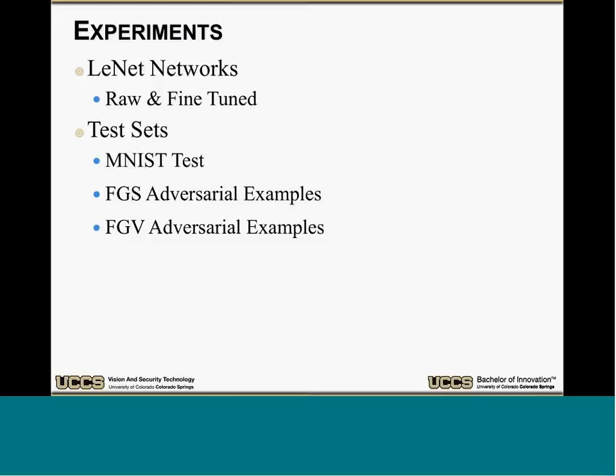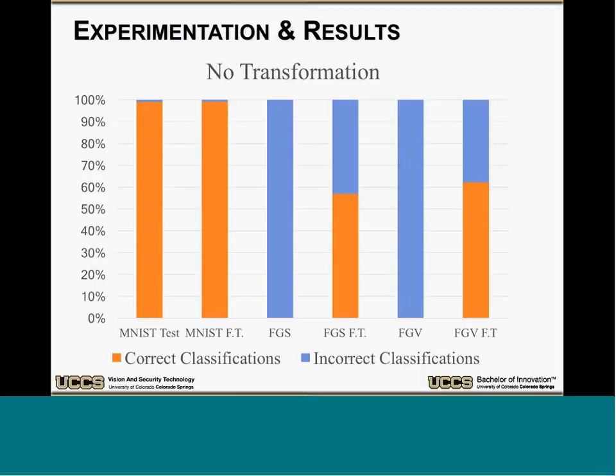And for our test sets, we used the normal set of 10,000 MNIST test images, and then a set of 10,000 FGS adversarial examples and a set of 10,000 FGV adversarial examples as well. So these are the results. I'll give you an explanation of what the graphs show.